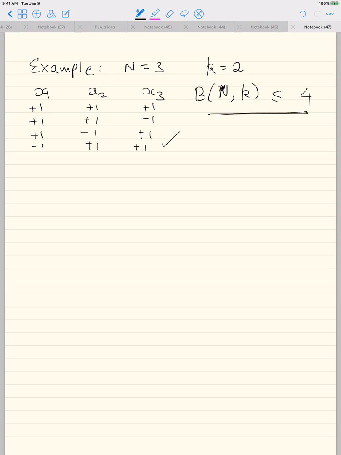So what this is showing is that if you have a combinatorial constraint like this, it puts a severe restriction on how many vectors you are able to add. And this is a very important property. This is what we will build upon in our proof.